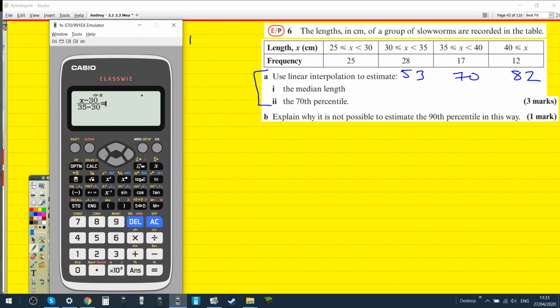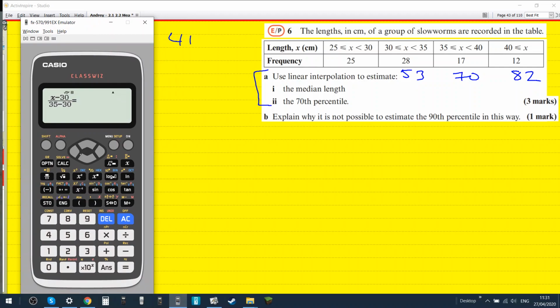The position is not 53, is it? No, that's the end frequency. Will it be 41 again? Yeah. Minus 53, it's a negative number.